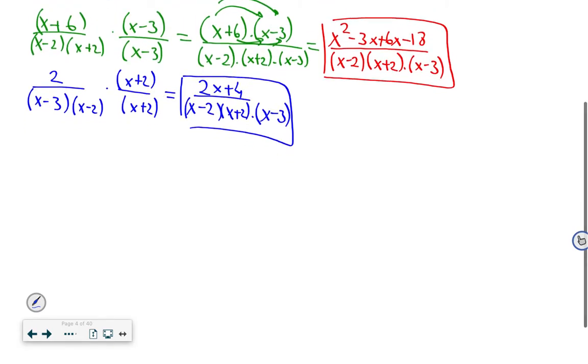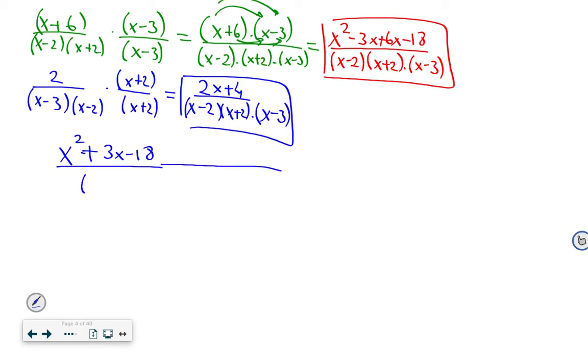Now, if you try to combine them, if you try to add them up, let me write the expression. The first one is x squared, and if you combine it, you will get x squared plus 3x minus 18 over x minus 2 times x plus 2 times x minus 3. I am writing these two expressions under the same denominator.